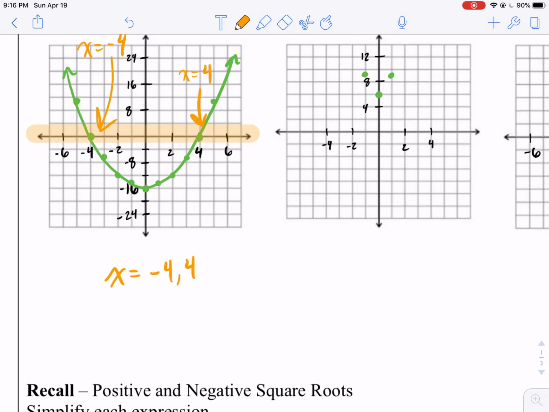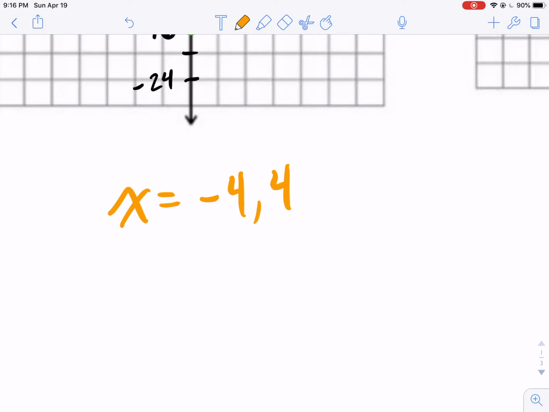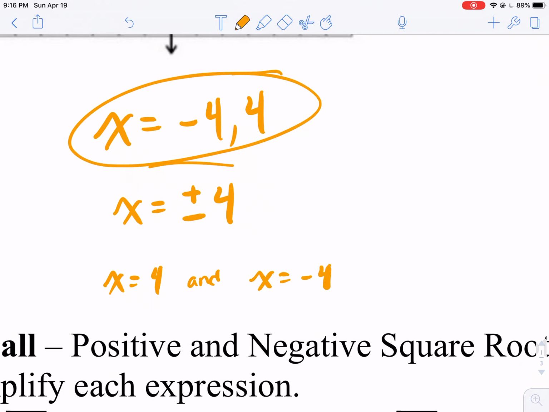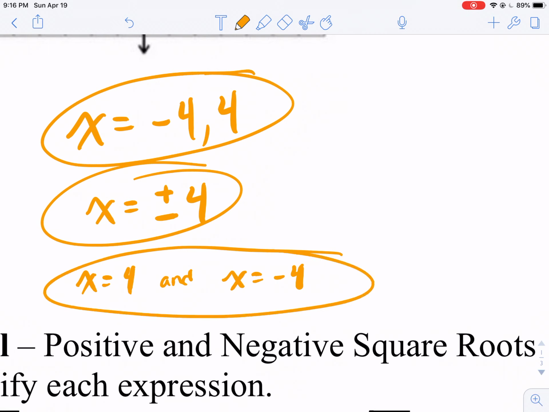You can write your solution like that, or as x equals plus or minus 4, or x equals 4 and x equals negative 4. Each of these works, and those are all totally fine.